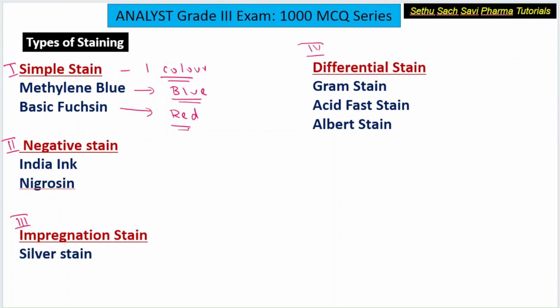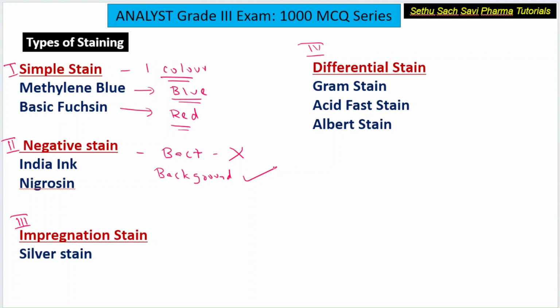Now in a negative stain, the bacteria will be unstained. No staining would be there, whereas the background would be stained. So the bacteria will not get any kind of stain or color.